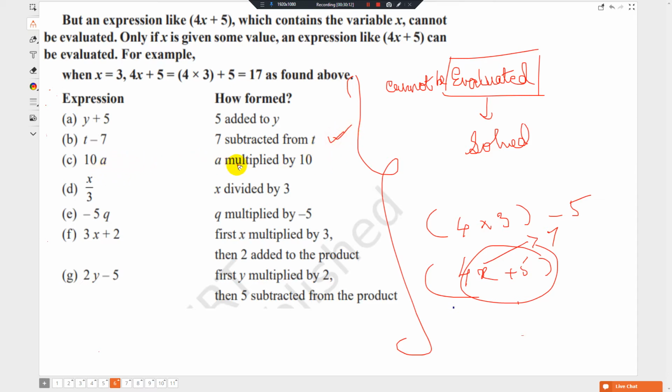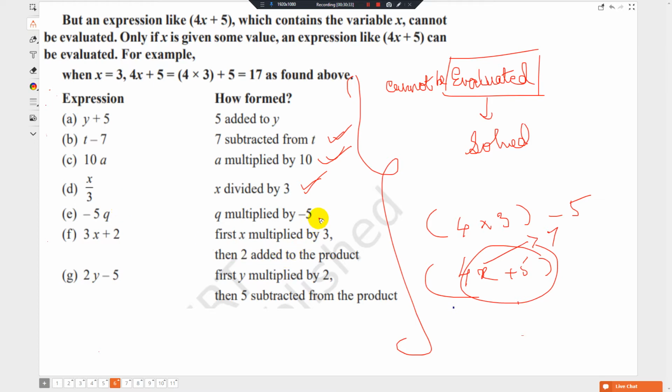10a is a multiplied by 10, x by 3, x is divided by 3. Minus 5q. Minus 5 is an integer. We have learnt integers, right? Minus 5, plus 5, minus 1, like that we learned.